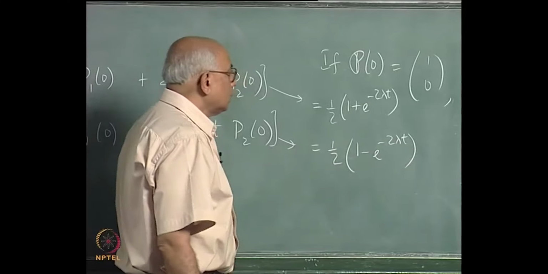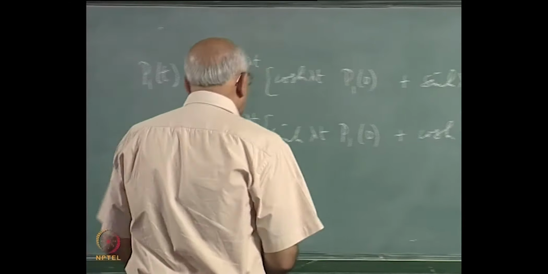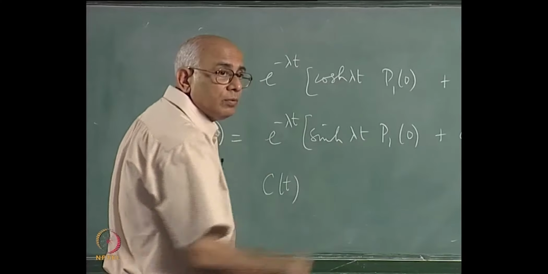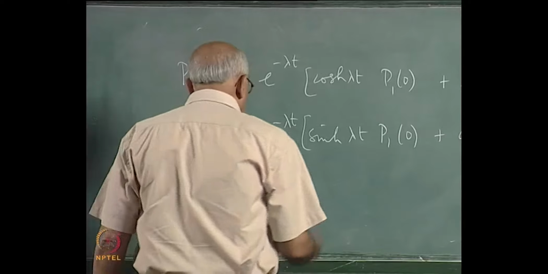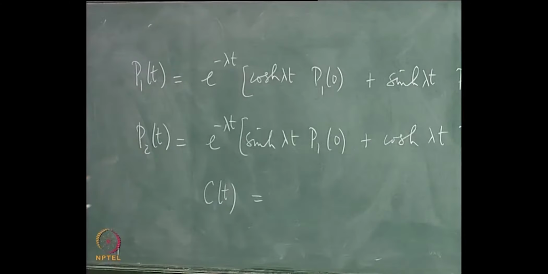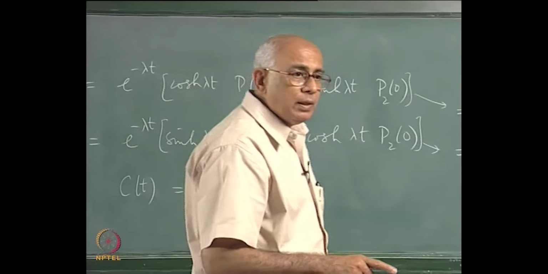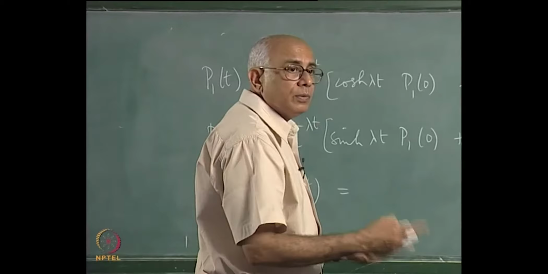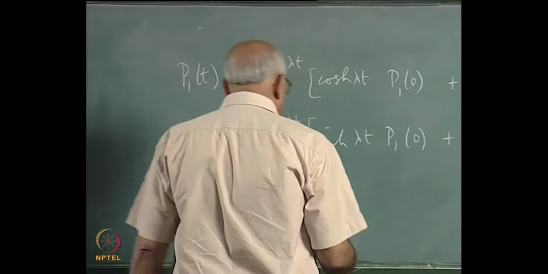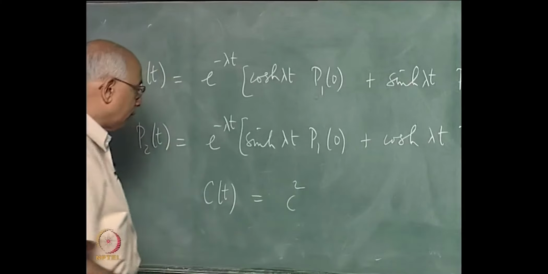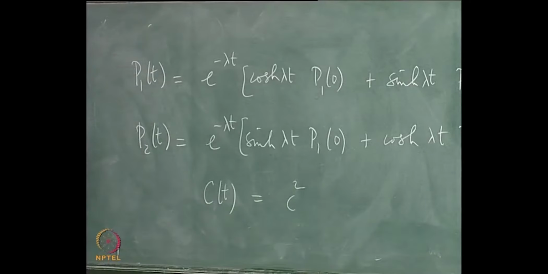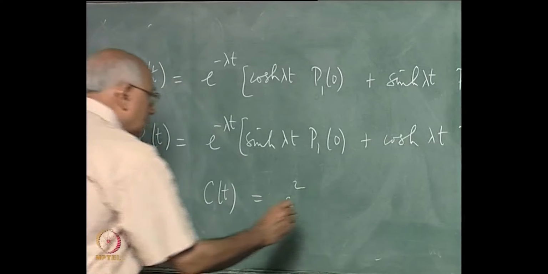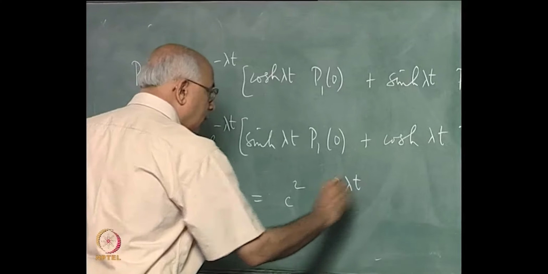It is not hard to show that the correlation in this case, C of t, the average value is 0, so we do not even have to subtract the average, and this quantity is equal to what? If the value of the random process is plus c or minus c, when I take averages and I multiply the two together and I square it, and if I want the correlation function, it becomes clearly there is a c squared which appears here, C of 0 must be equal to 1, and then it is multiplied by, if I compute those averages, it just turns out to be e to the minus twice lambda t.